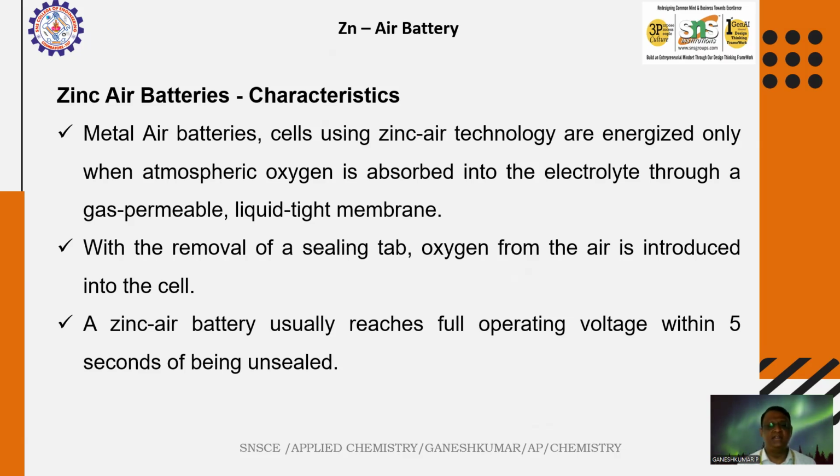With the removal of a sealing tab, oxygen from the air is introduced into the cell. A Zinc-Air battery usually reaches full operating voltage within 5 seconds of being unsealed. That means once it is unsealed, the air gets into the system and it undergoes a reaction producing energy.